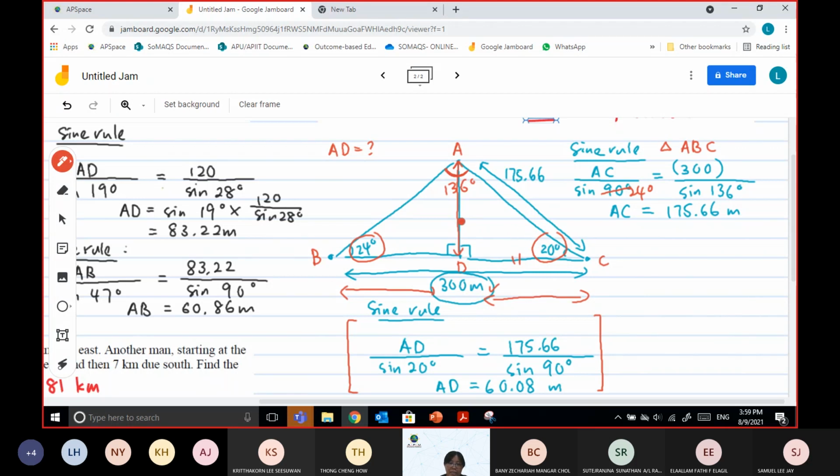The height is AD. If I'm using 20 degrees, it will be opposite over hypotenuse. So what should we use, students? Anyone? If 20 degrees, alternate way?